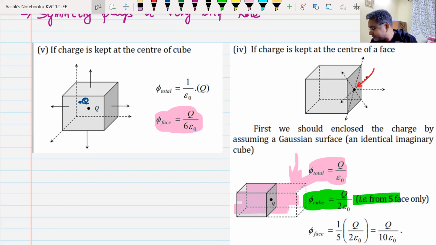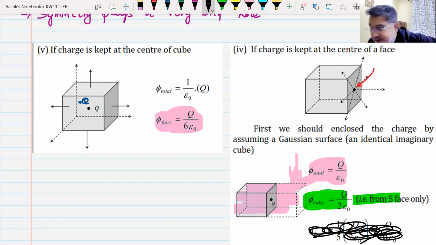Now, what is going to be the flux? From which faces is the flux going to be the same? Do not write everything that is given there, it may not be correct. Someone may have given the wrong answer. At the center of this face, I have my point charge.